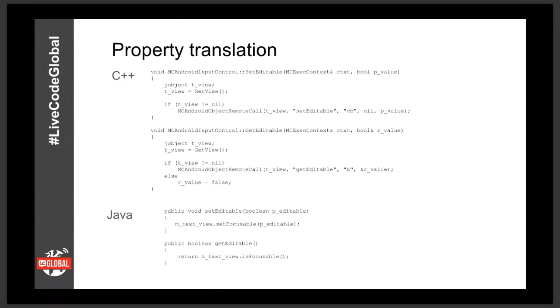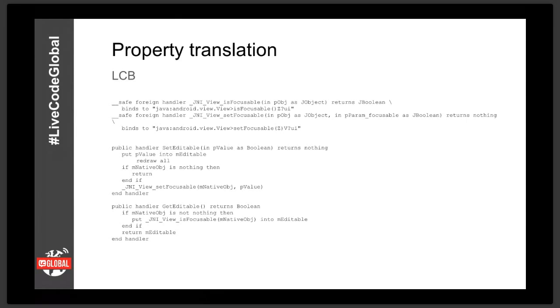So here's an example of the editable property, the C++ there, which is calling into the Java and returning a value for the get. And this is the equivalent LCB.